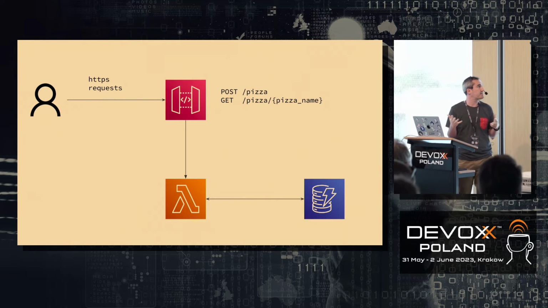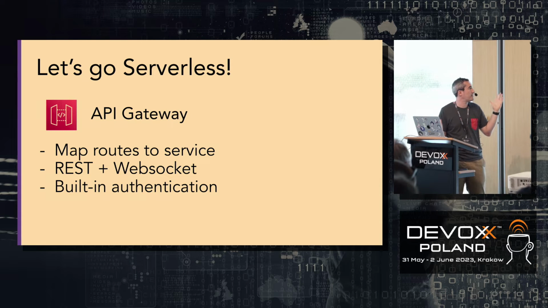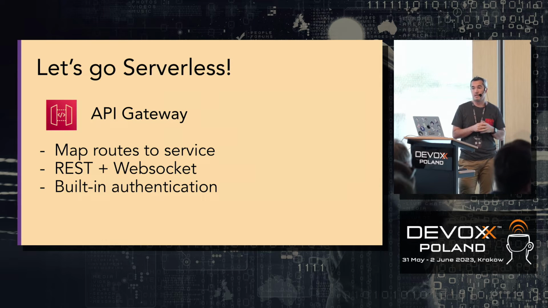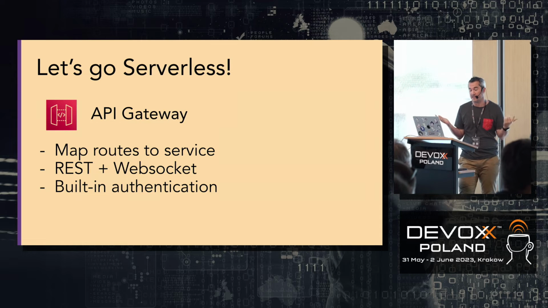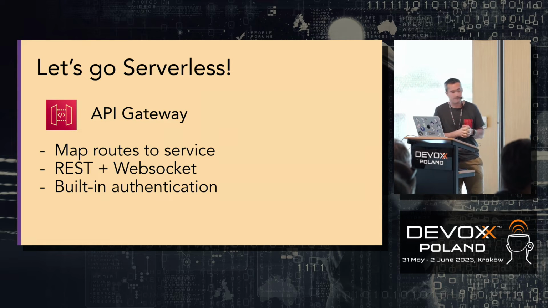But for the sake of the demo, it will be only one Lambda function, and we are going to test whether it's a POST or a GET event. So API Gateway will be responsible for mapping an HTTP verb and a path to a service. It can be a Lambda function, it can be anything else, but today it's going to be a Lambda function.